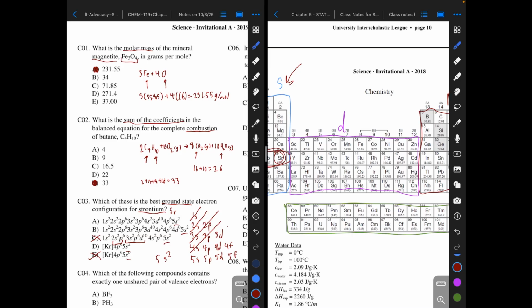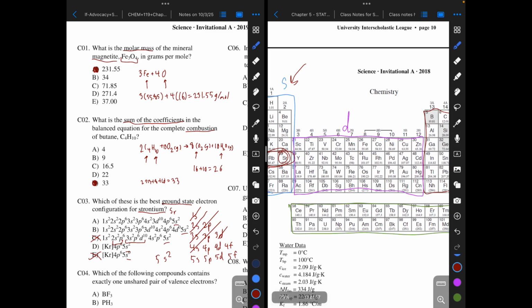We know it's 3s2, 3p6, 4s2. Immediately after 4s2 is 3d10 because of the diagonal line. You would go from here to 3d10. It would make no sense for B to go from 3p6 to 3d10, so B's out. After 3d10, you get 4p6, 5s2.